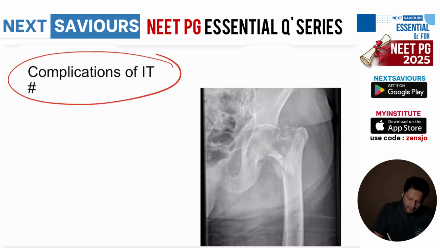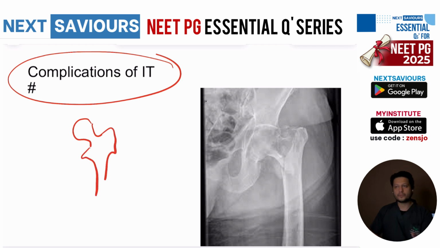Now, in case of fracture neck of femur, we have seen that non-union and osteonecrosis of the head of the femur were the complications.